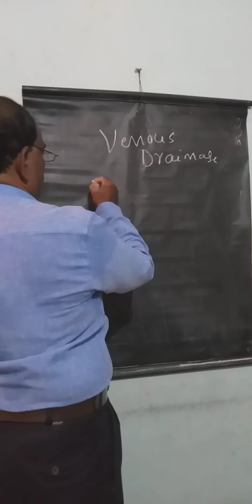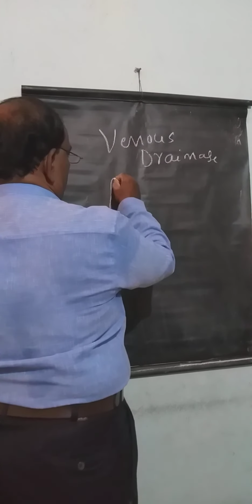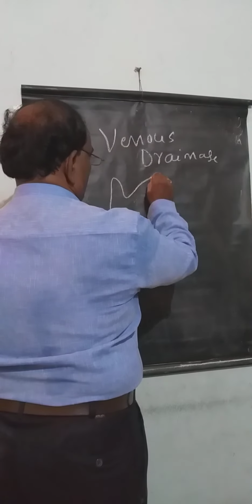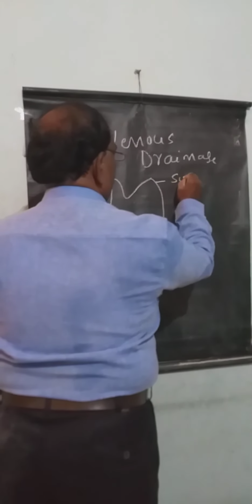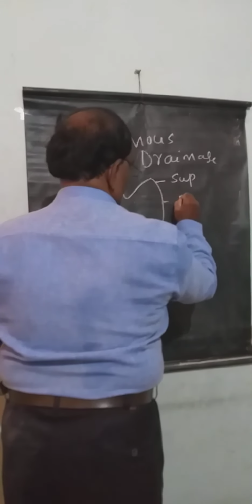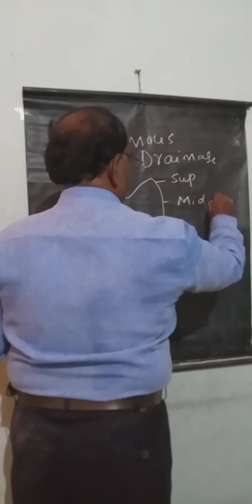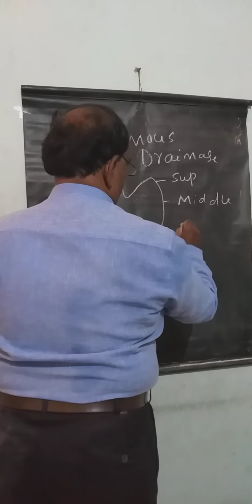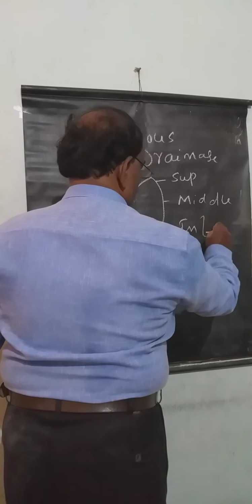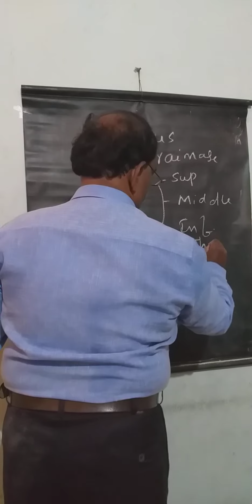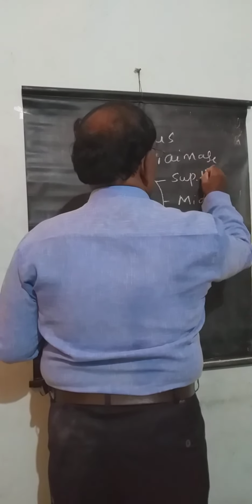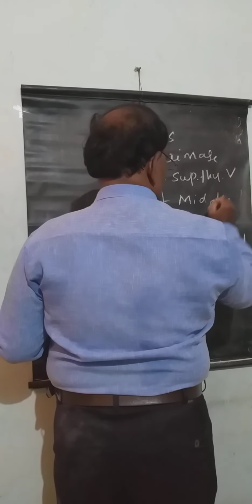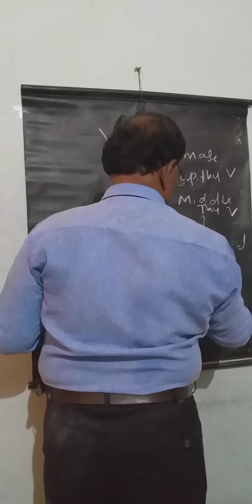Venous drainage. There is a superior, middle, and inferior thyroid vein.